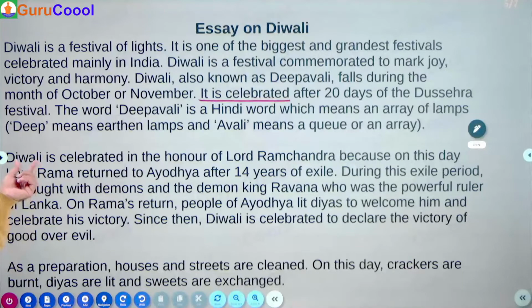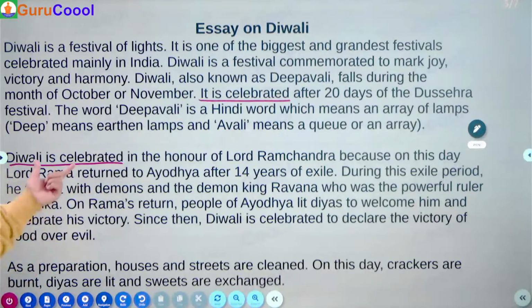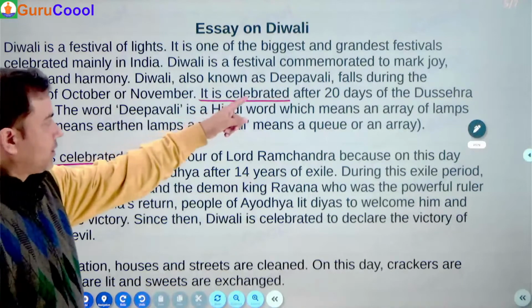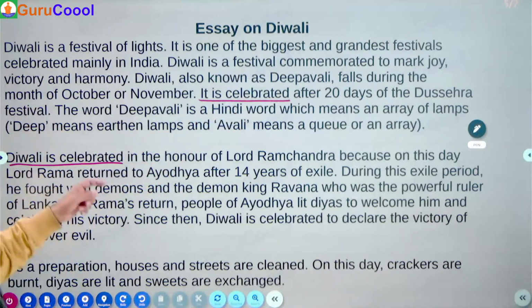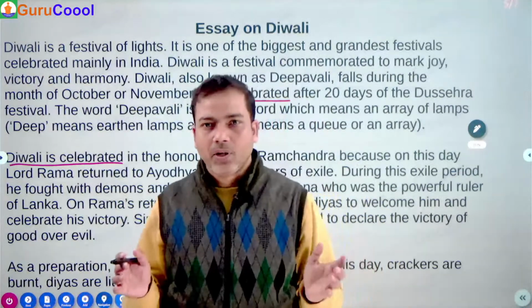Next it says Diwali is celebrated. Notice again here, Diwali is celebrated. Again, object plus is plus V3. So there are two sentences, one here, another here. Diwali is celebrated. Simple present tense passive voice.